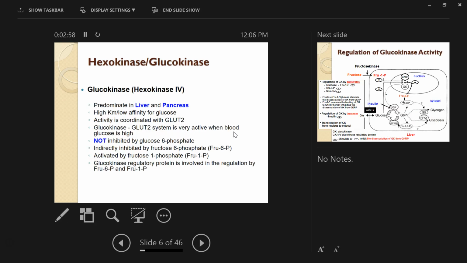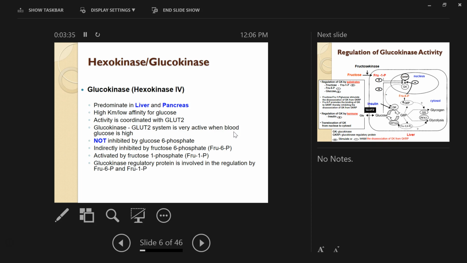And glucokinase is usually more abundant in the liver and pancreas, and has a high Km and low affinity for glucose, right? And because of their expression level, the distribution, they are mostly in liver and pancreas, and these two tissues basically express high levels of GLUT2, right? So glucokinase basically coordinates with GLUT2 and regulates glucose transport and oxidation.